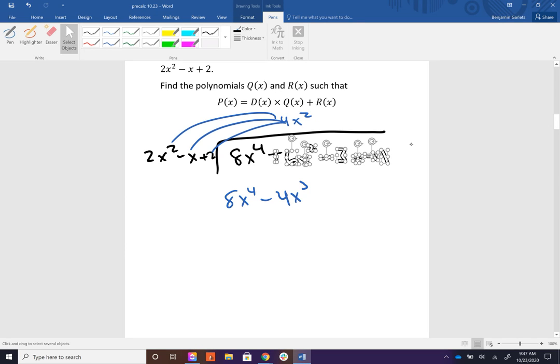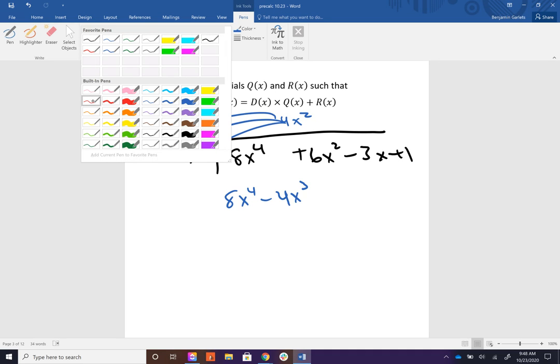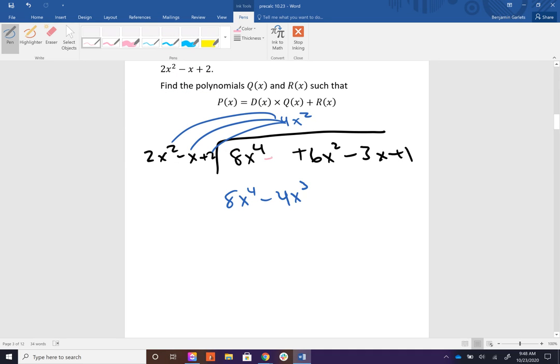So let's write that in just so that we don't get tripped up. Hopefully I don't screw up this problem by trying to move these to the side. Okay, so let's write that in, I'll write it in pink. Plus 0x to the third.